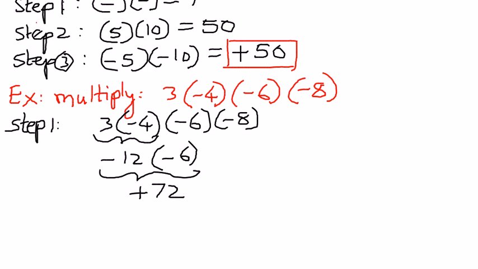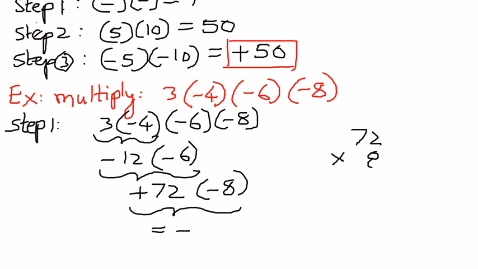We have one more number to multiply, which is negative 8. So we'll multiply these two numbers, positive times negative. Positive 72 times negative 8. First we'll simplify the signs. Positive times negative is equal to a negative sign. Now 72 times 8, we'll take 72 and multiply by 8, like that. 8 times 2 is 16.